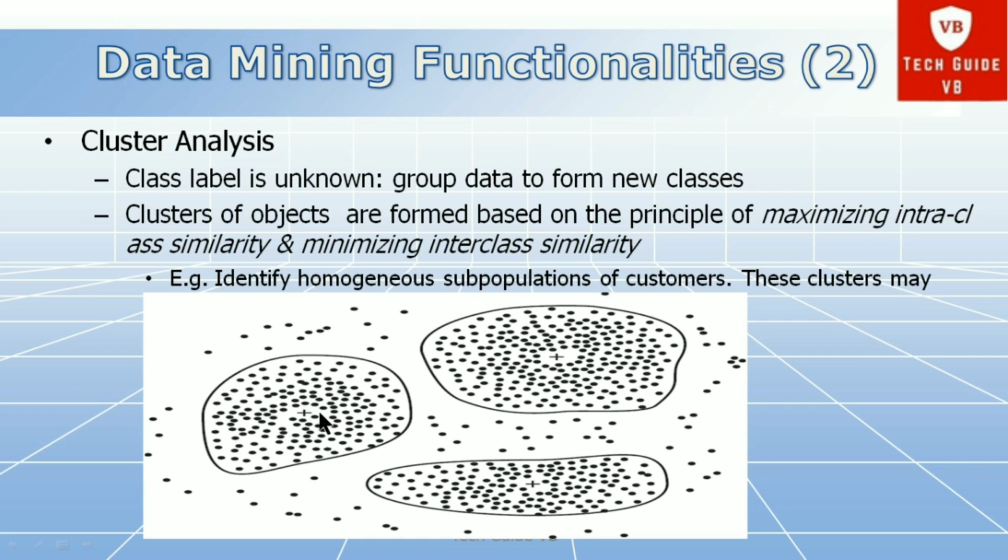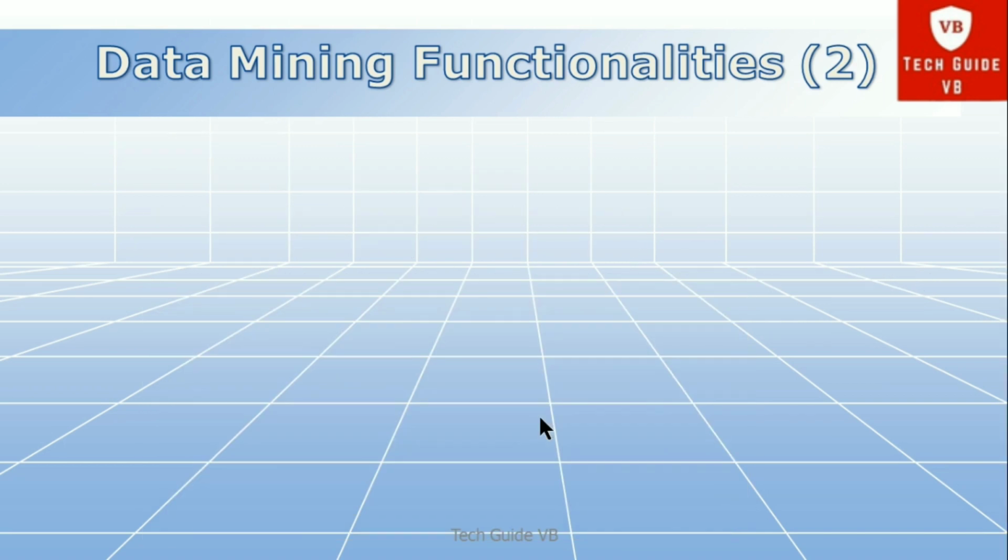Three clusters are formed here, 1, 2 and 3, based on the grouping of data by similarity. Based on the similarity, we are finding the clusters, because these points are far away from this cluster, so those points are discarded in the cluster. So this is the cluster analysis, where the class label is unknown.